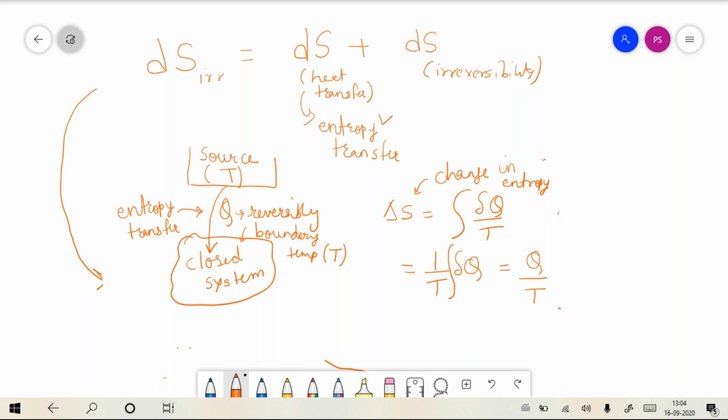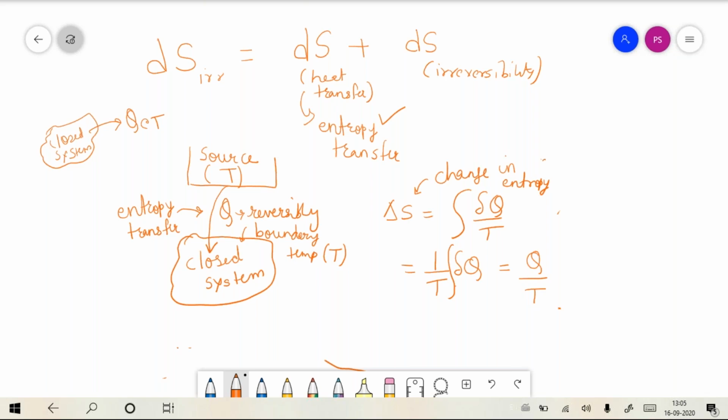Now what if the system was rejecting the heat? So let us take a case now of a closed system, and let us say this closed system is rejecting certain heat to the surroundings, and let us say that it happens at a certain temperature.